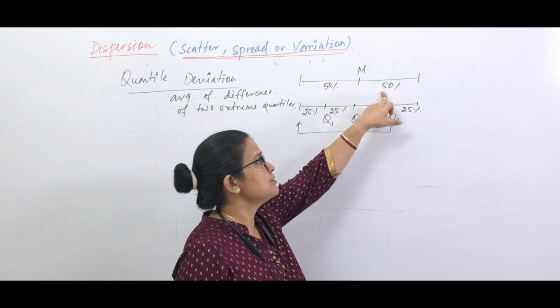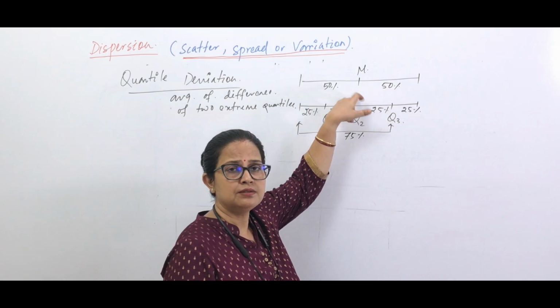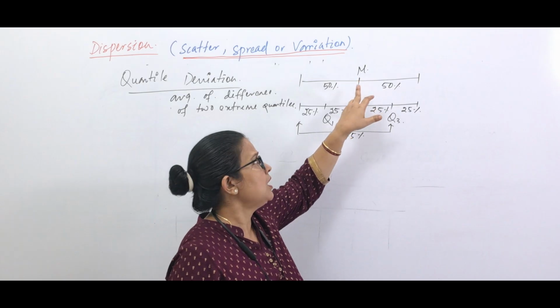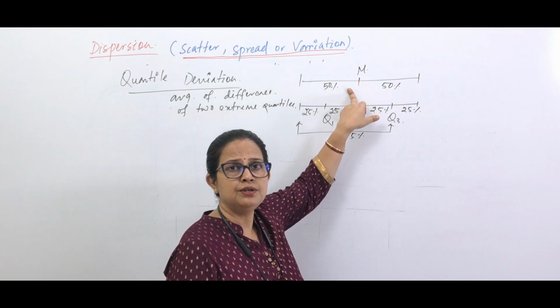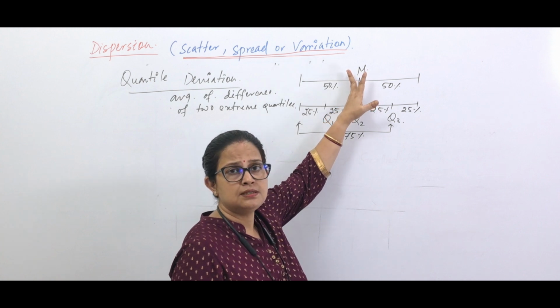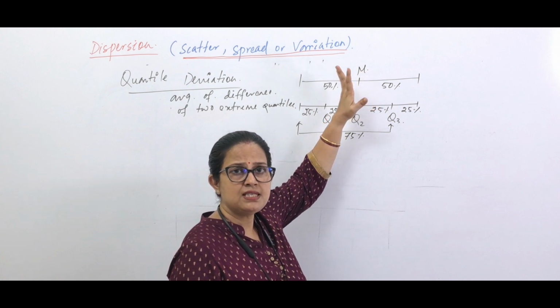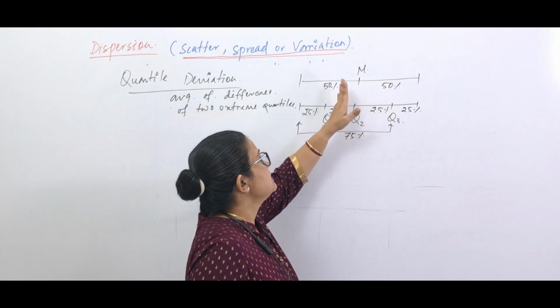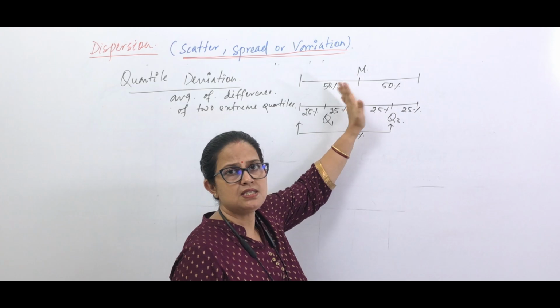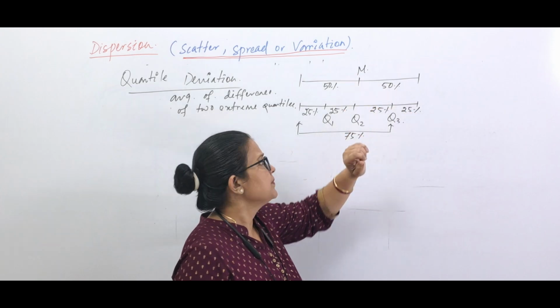For reference on the median, you can go through the previous videos on how we calculate the median. So the median is the middle value that divides the series into two parts, 50% and 50%.